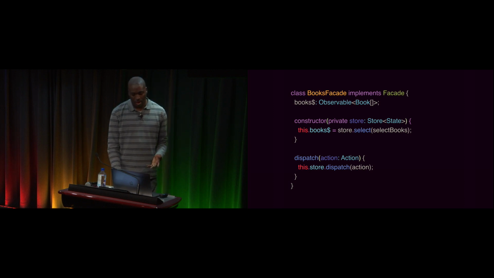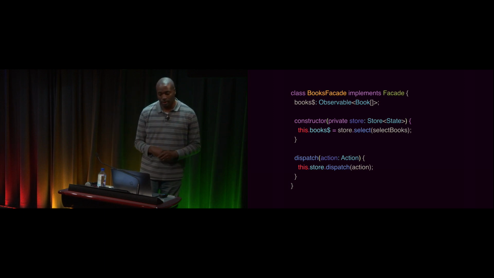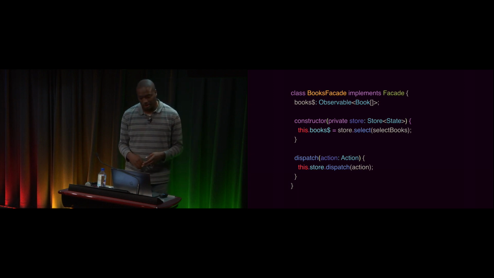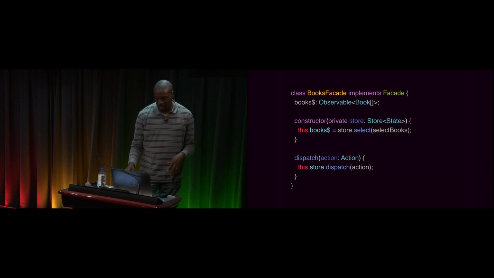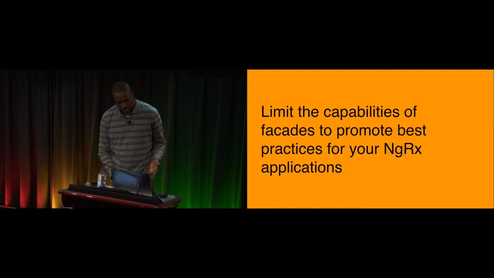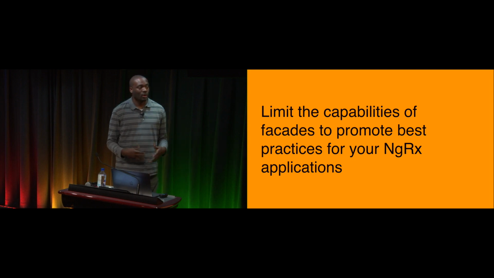So now, looking at the facade, we're using the selectors to combine data before exposing it here, and then using the action so that we're not robbing the reducers and effects of the decision-making responsibilities and getting the best value out of that. So we're limiting the capabilities of the facade to promote best practices with NgRx.